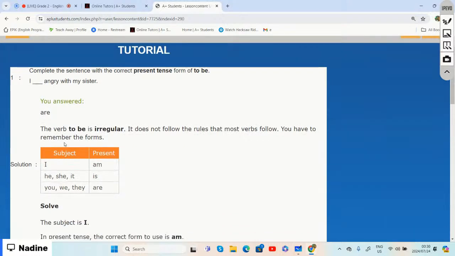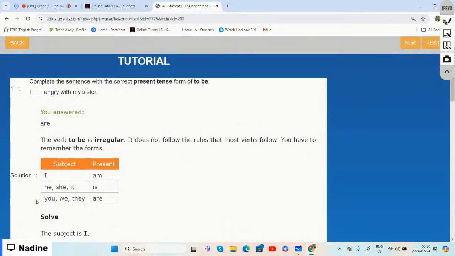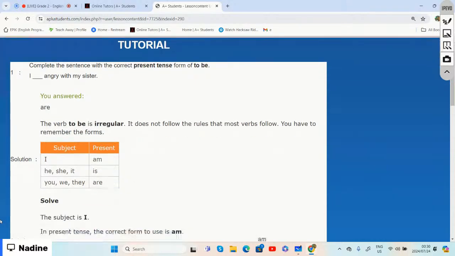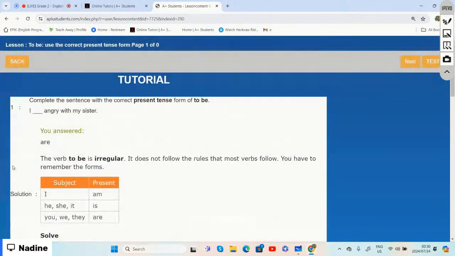All right. And we already went over this one. Here we say, do we say I am angry at my sister? I is or I are angry at my sister?